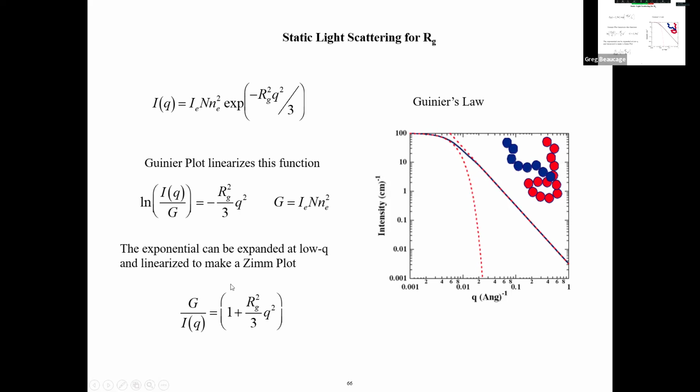Another way to do that is to say 1 over this would be exponential to the plus, and then the expansion at low RQ would be 1 plus R squared Q squared over 3. So if you do 1 over the intensity, you get this linear function in Q squared. Right. So before they had computers, before you could do plots and fits and show things like this, you didn't have a way to fit things like that.